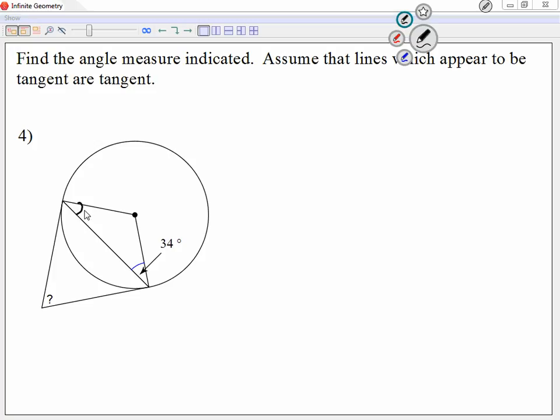This other corner is also 34, because we're dealing with an isosceles triangle. Once again, I'm looking at the triangle for right now. I know on the triangle, the three angles add up to 180. 34 and 34 so far is 68. Subtract that from 180. 112, yes. So I went 68 subtracted from 180, and I got 112.